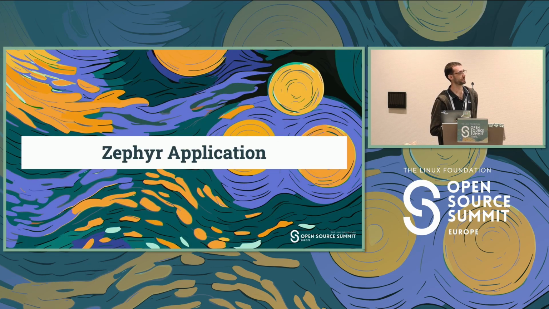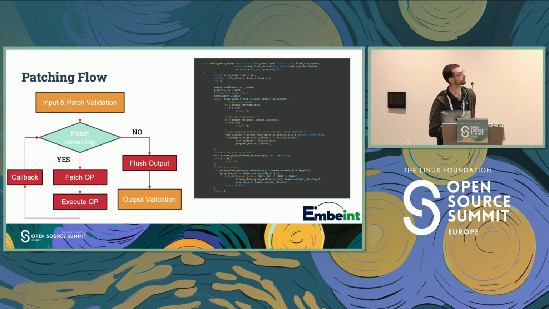So what does the Zephyr side of this look like? It's generally pretty simple. The code is probably not super readable, but that's the core loop of the patching. To start with, you perform your validation of the input file and the patch, so you know that, yes, I'm running what I expect, yes, the patch file isn't corrupted.